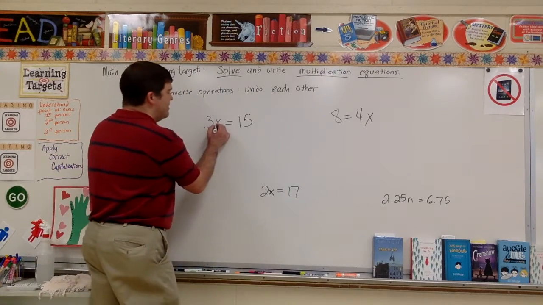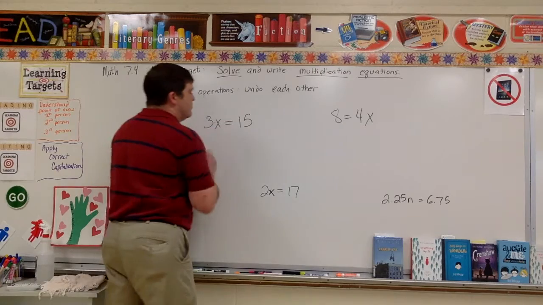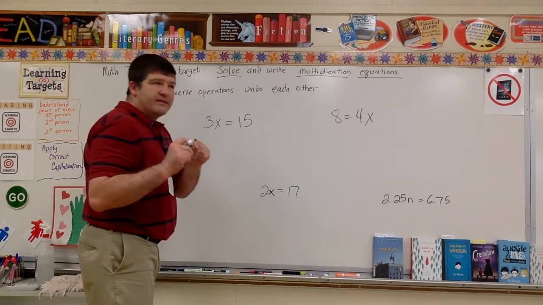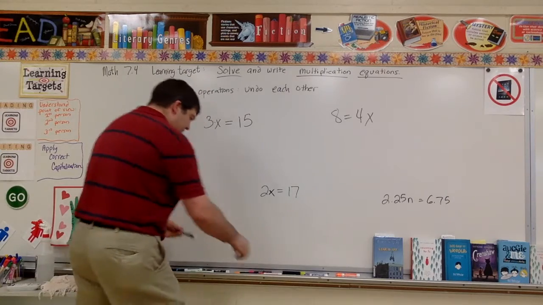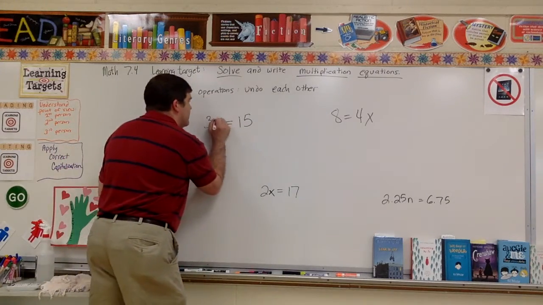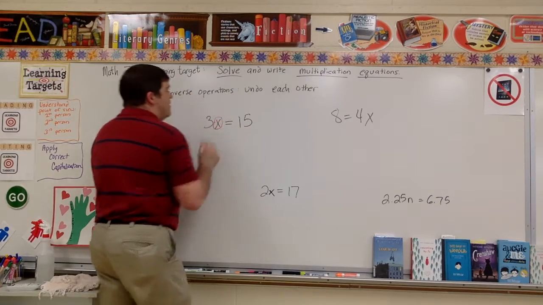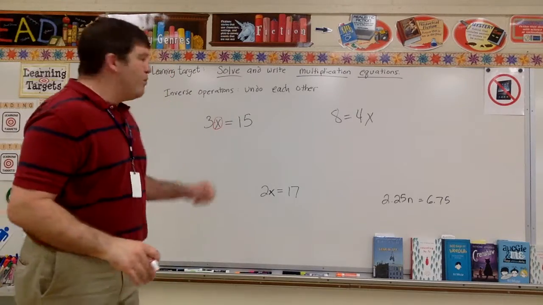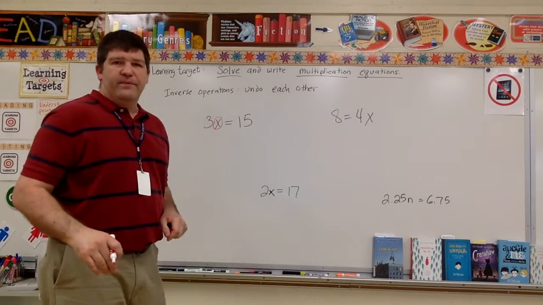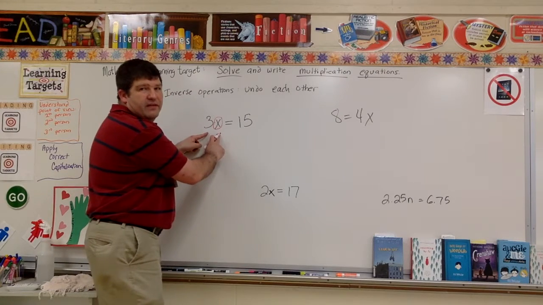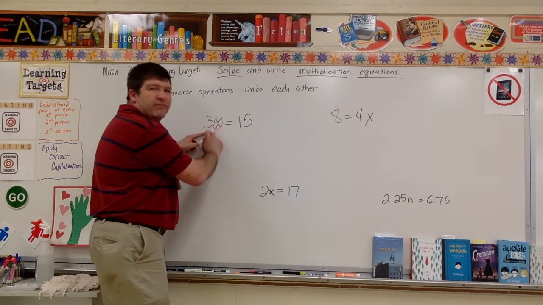I have 3 times x equals 15. I know this seems really basic, but I want you to circle the variable. That's what I want to solve for. I want to figure out what x is. The way I do it is I look at what's happening to x. 3 times x.